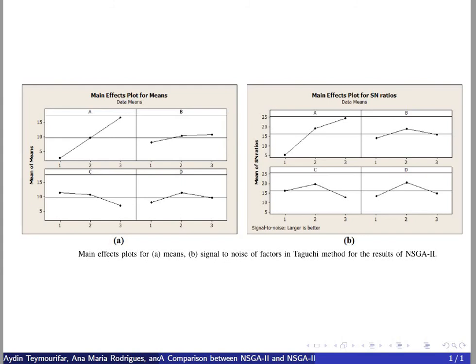But this consistency doesn't exist between figure A and figure B regarding factor B and factor C. For example, regarding factor B, the best value in figure A is at the high level, but in figure B it is at the medium level.